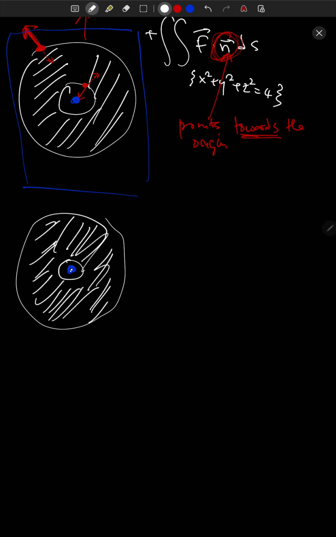And in fact, what pops out of this for the two-dimensional case is what's called Green's identity, named after the same person as Green's theorem.